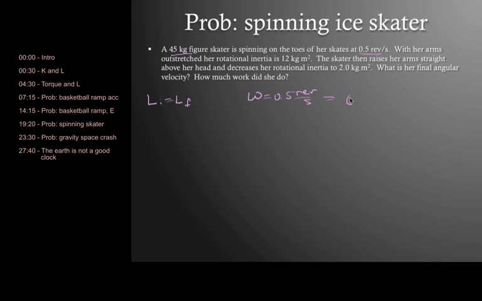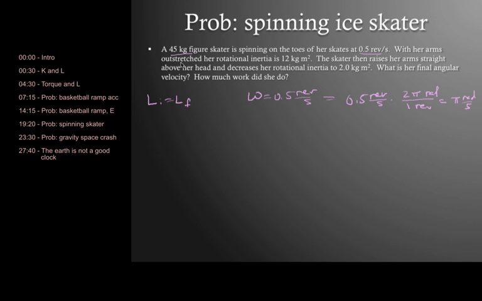So if we want to do that, we're going to take 0.5 revolutions per second and then we need to convert revolutions to radians. So 1 revolution is 2 pi radians. And this is going to give us pi radians per second.